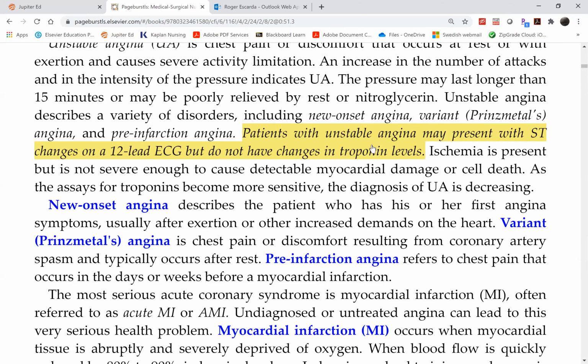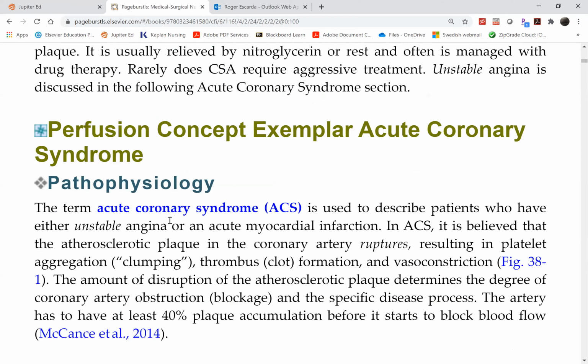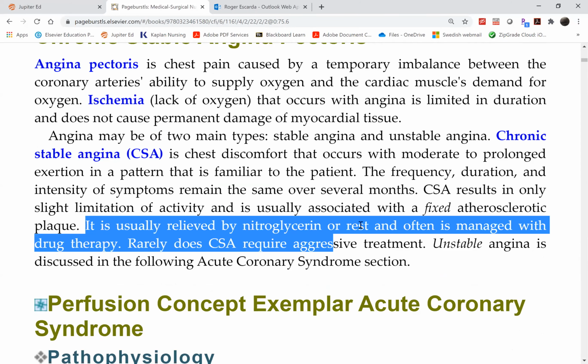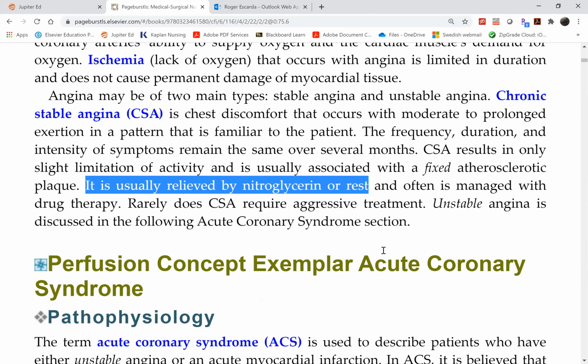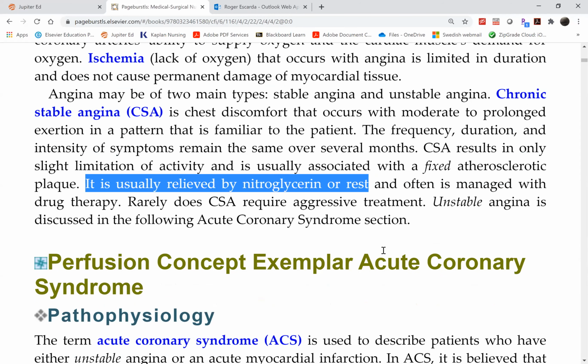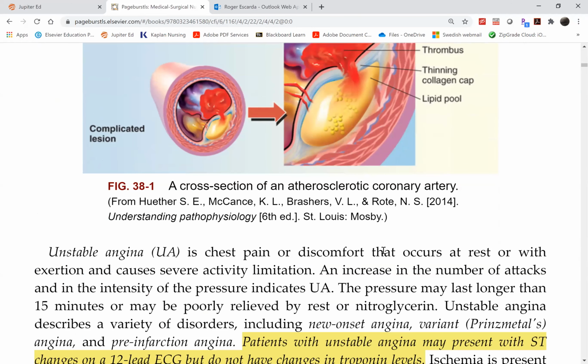Unstable angina is the same regardless of the type, because they all appear unprovoked, meaning there is no activity, and unlike chronic stable angina, which still responds to nitroglycerin or rest, unstable angina no longer responds to nitroglycerin or rest.